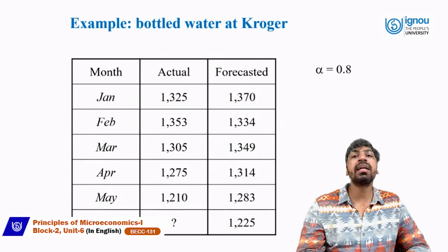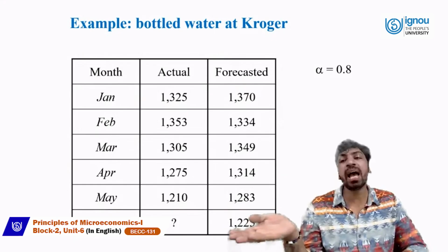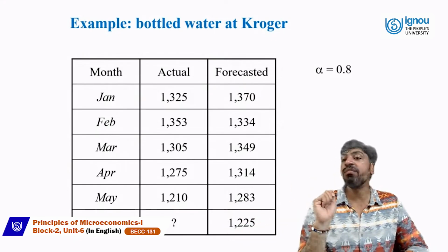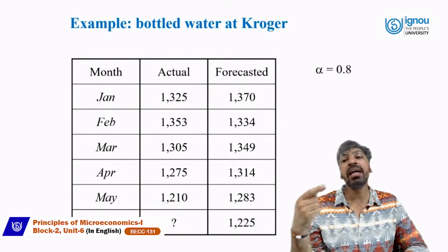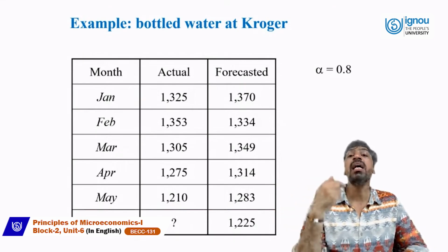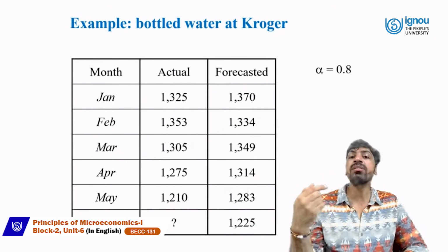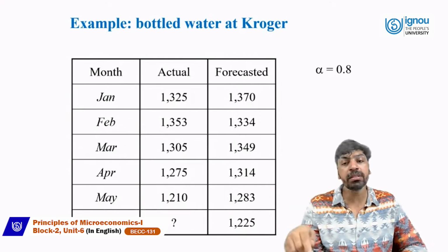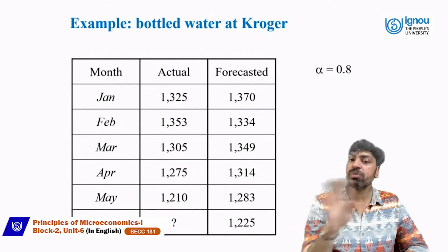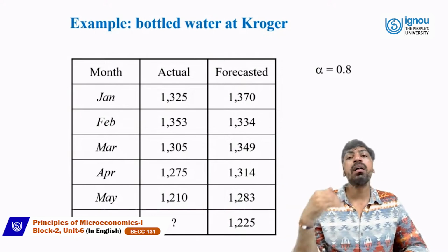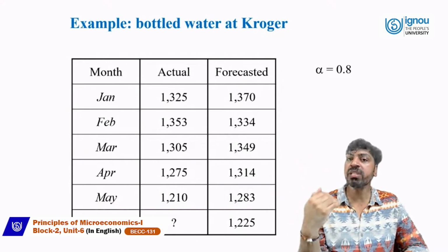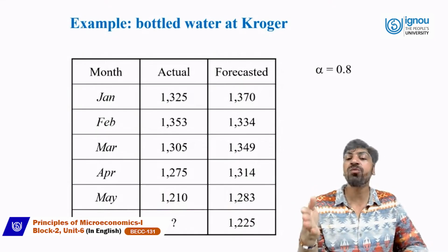The same example has been followed with a different alpha value, that is 0.8. The higher the alpha value, the higher the reaction to the differences of the forecasted value of all months. The same procedure followed in the last question needs to be applied in this question as well.